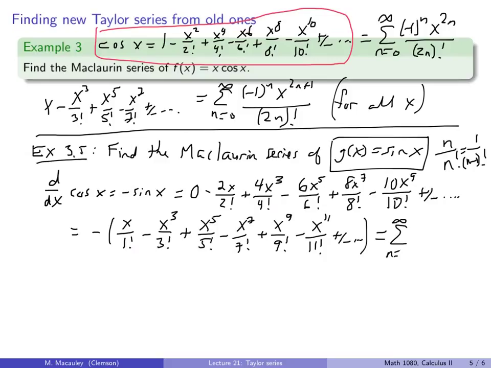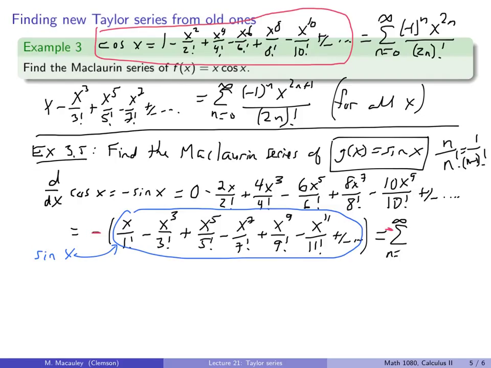So let me make that negative sign in red, and I'll put the negative sign here in red as well, just so the part in black is sine. So this here is sine of x. So that's the answer that we're looking for.